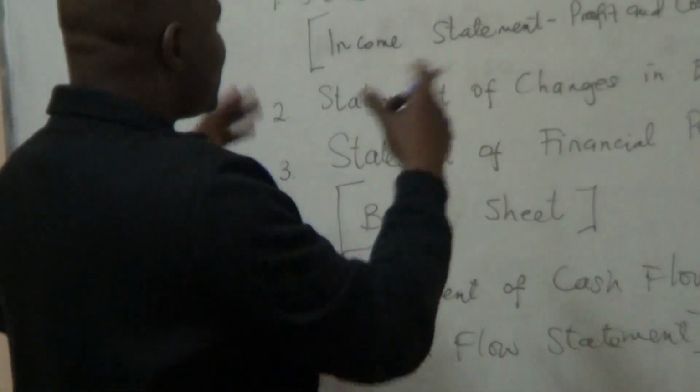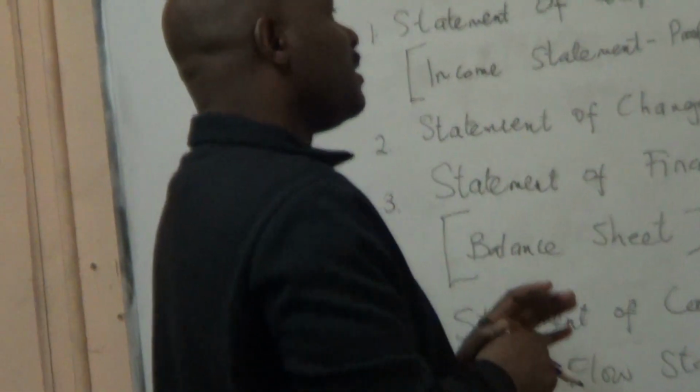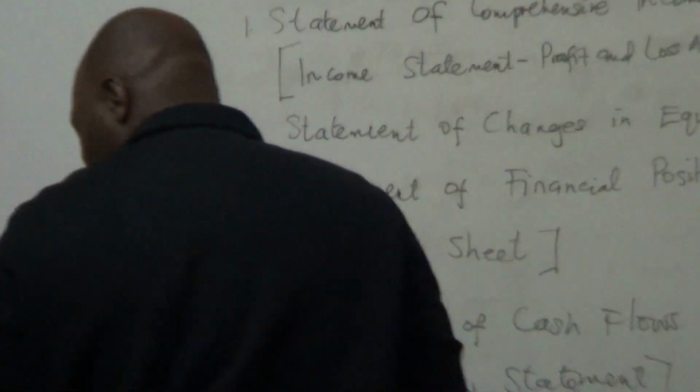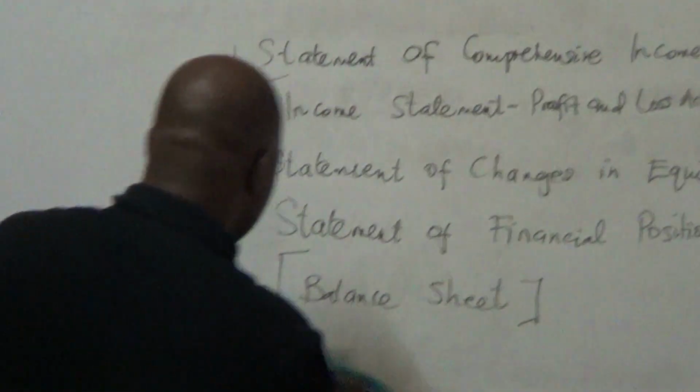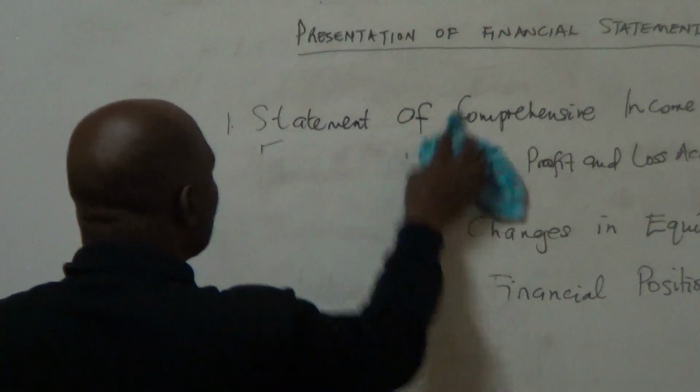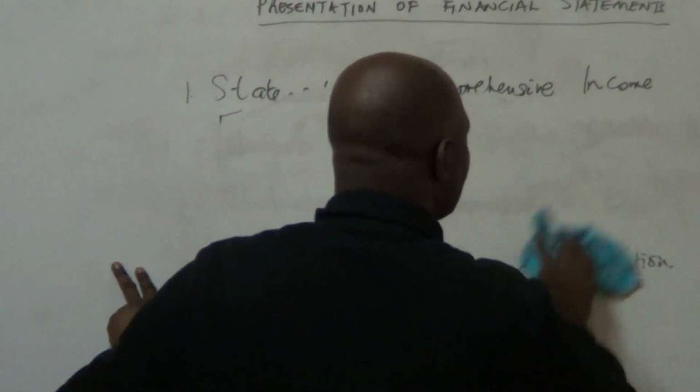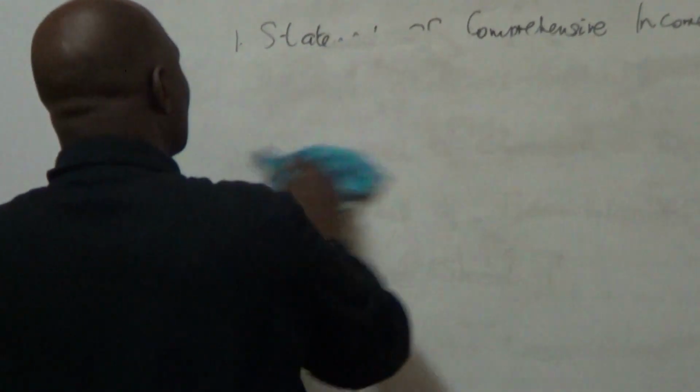So in this lesson, let's discuss the statement of comprehensive income. Then in the following lessons, we're going to discuss the other parts of the financial statements. Right?